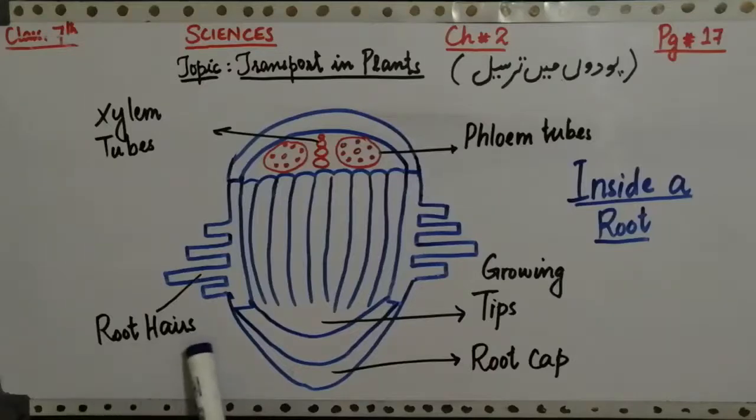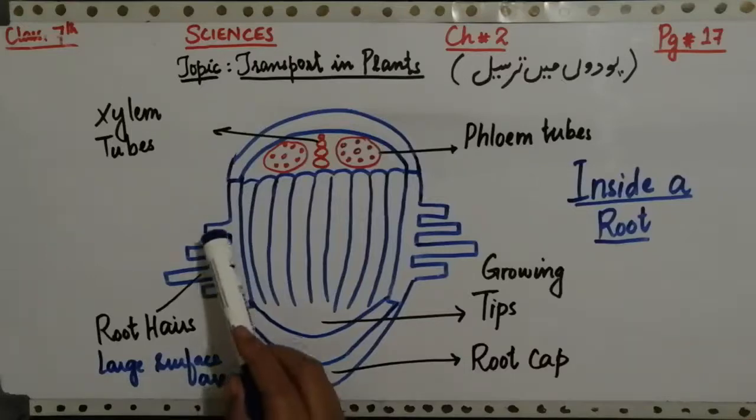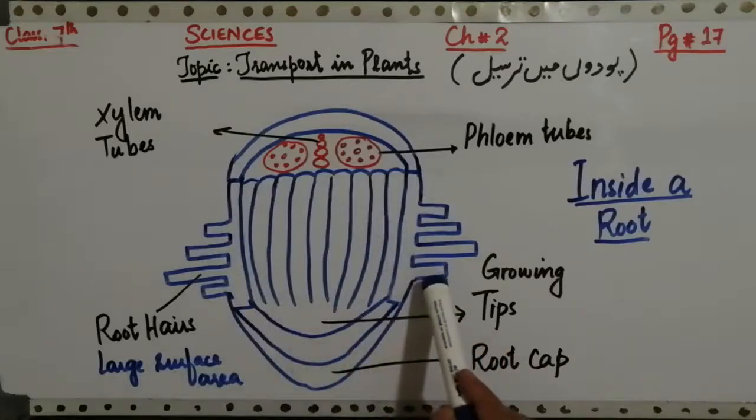So root hairs provide a large surface area, and this large surface area is not only responsible for absorbing water but also minerals from the soil. So this is the main function of these root hairs.